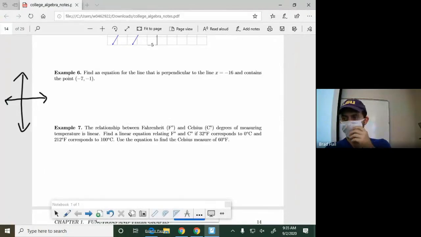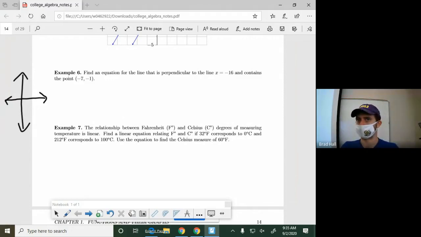Now, x = -16 doesn't really have the form of y = mx + b. It doesn't have a y at all, it's just an x. I feel like we've seen that situation before, when it's just x equal to a number. In fact, we have. That refers to a vertical line.